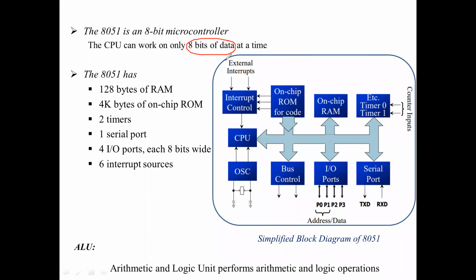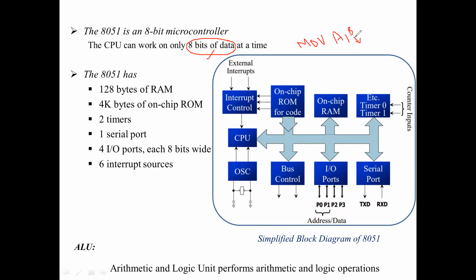Whatever you place as code, even in the memory, each and every character will be in 8-bit. So that 8-bit data will be fetched, decoded and executed. For example, if you have an instruction, as I told you, MOV A, B. B is a register which holds 8-bit data.